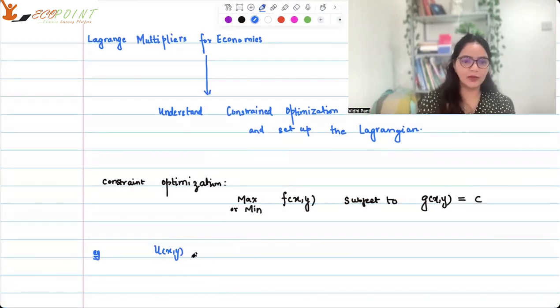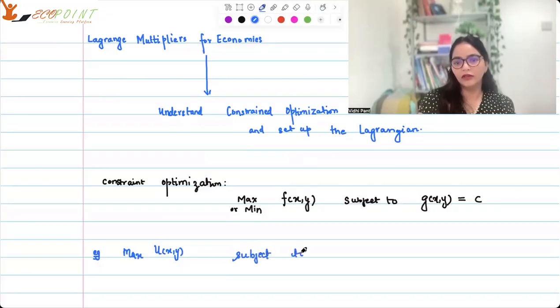So u(x,y) is something that you would want to maximize subject to the usual notation for the budget constraint, p1x + p2y = m.